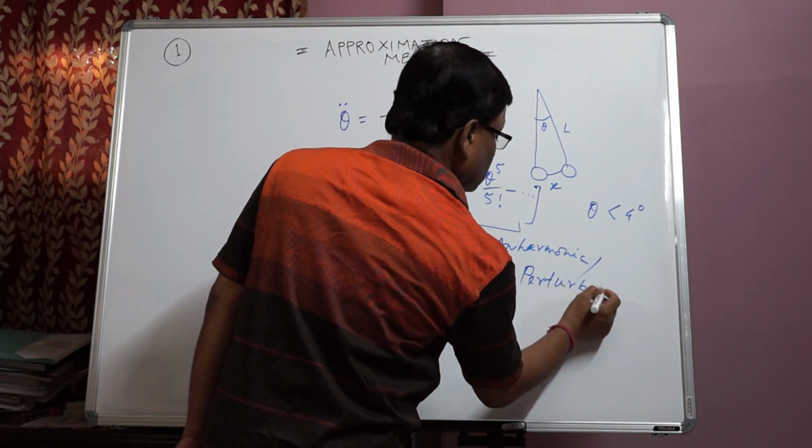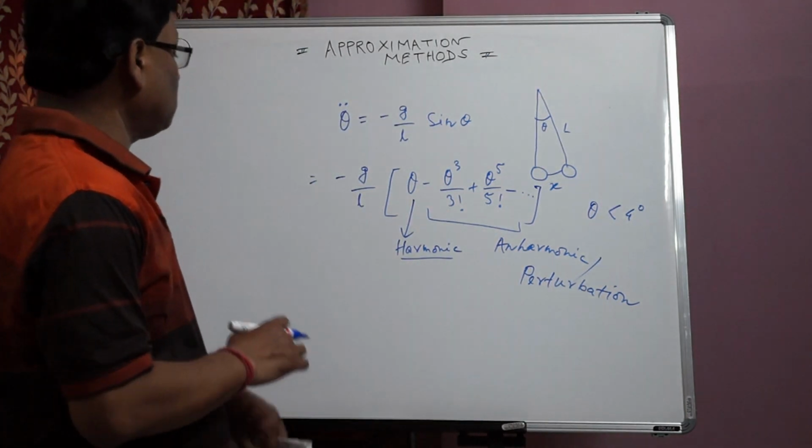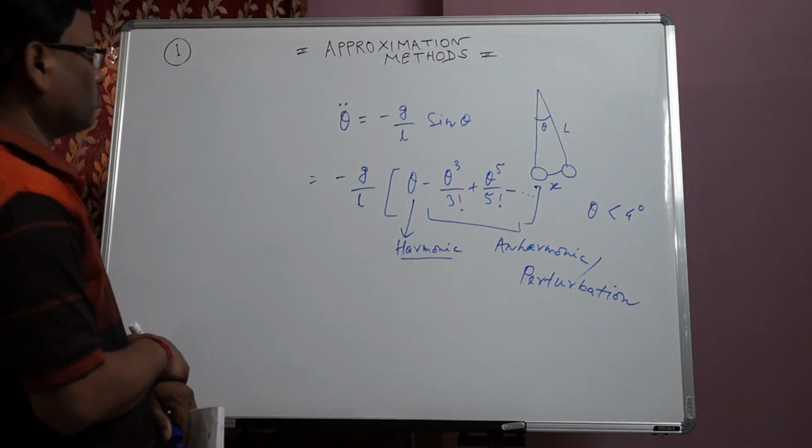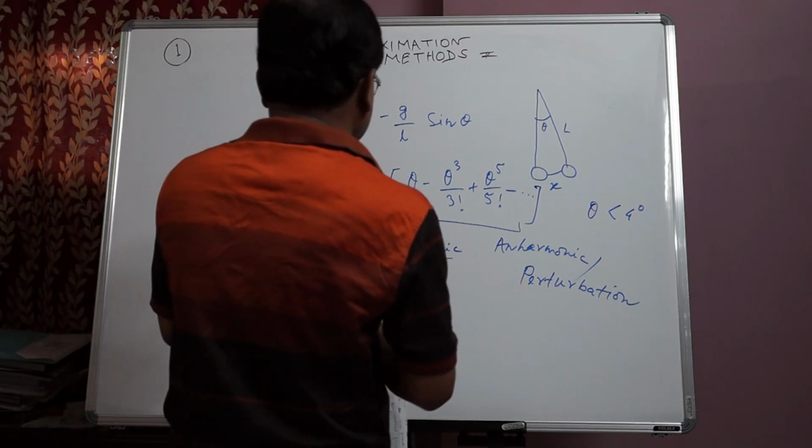This part is the perturbation or disturbance in theta, when theta shifts from the lower value, say 4 degree.